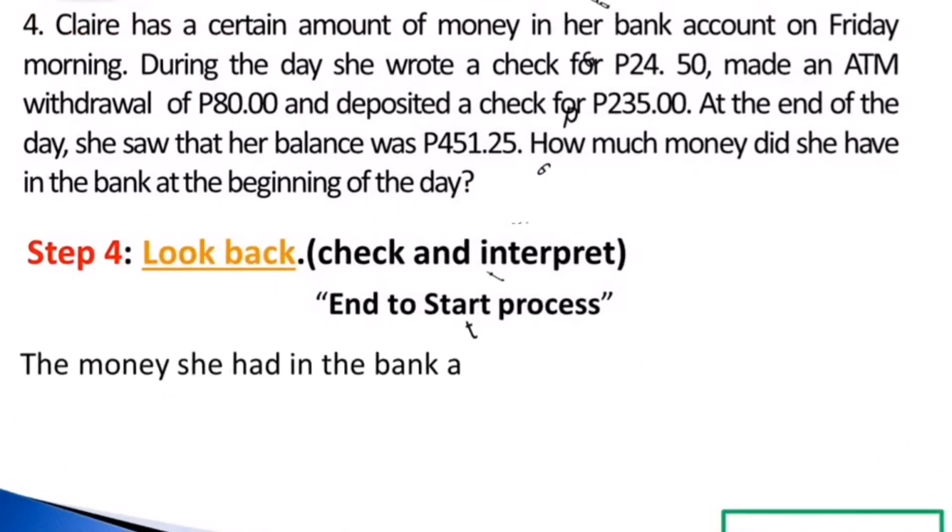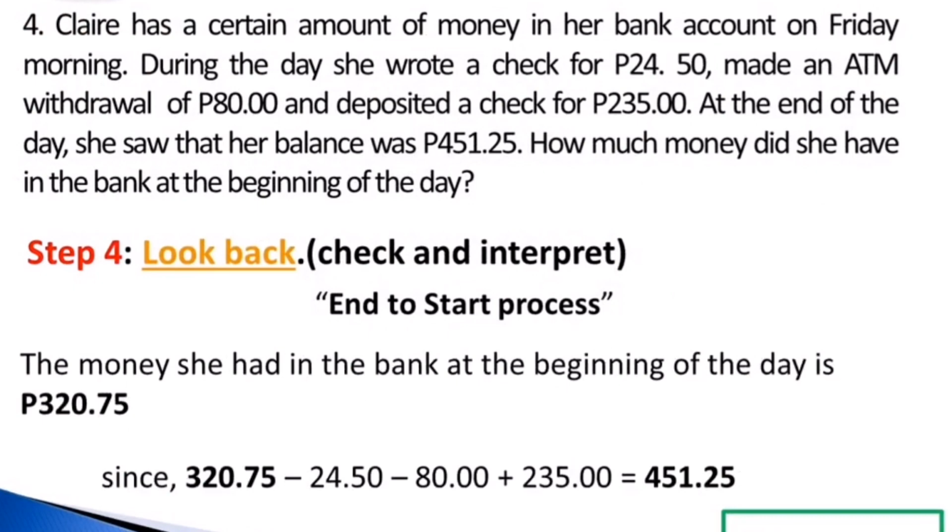So let us now look back, which is checking and interpreting your answer. The amount of money she had at the beginning of the day on Friday morning must be 320.75 pesos.